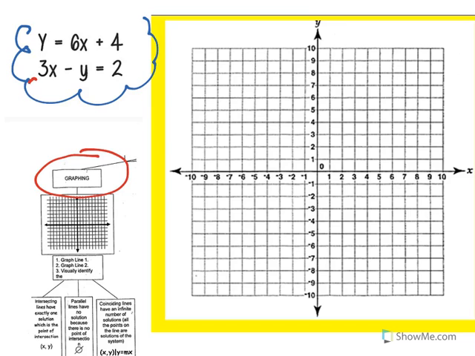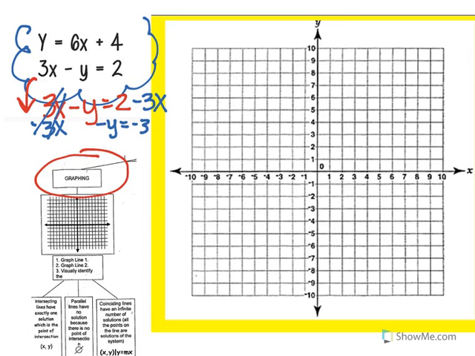So we are going to rewrite the second equation, y equals. We're going to take 3x minus y equals 2, and we are going to subtract 3x on both sides in order to get y by itself. This leaves us with negative y equals, we're going to put the x first because that's the form that helps us to graph.